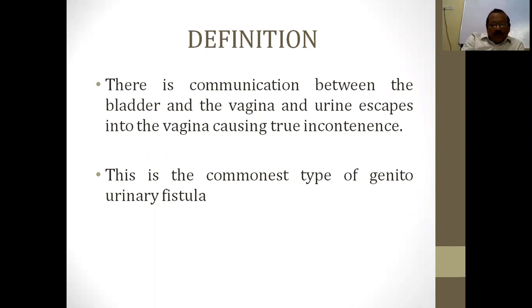True incontinence occurs in vesicovaginal fistulas, whereas stress incontinence, urge incontinence, nocturnal incontinence and overflow incontinence all come under false incontinence. And this is the commonest type of genitourinary fistula.